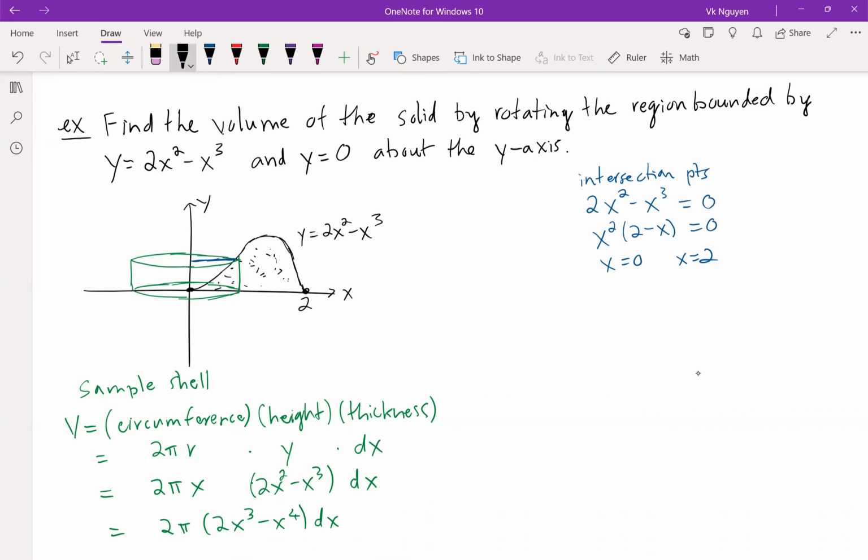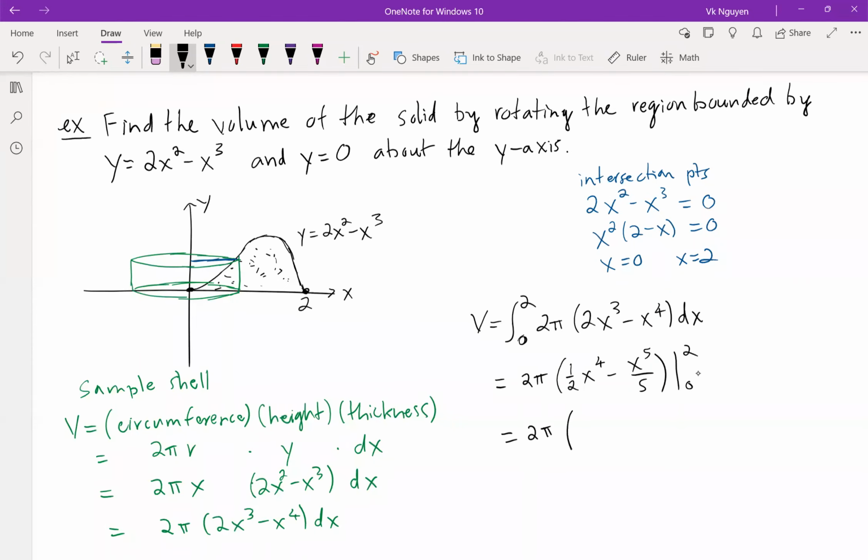And now we can compute the volume. Volume is the integral from 0 to 2 of 2 pi times 2x to the 3 minus x to the 4th dx. Yay, so there's the 2 pi, 2 over 4 is 1 over 2 x to the 4th minus x to the 5 over 5, integrated from 0 to 2.